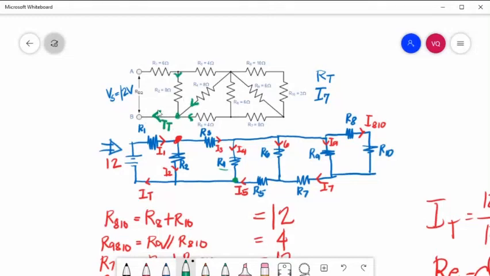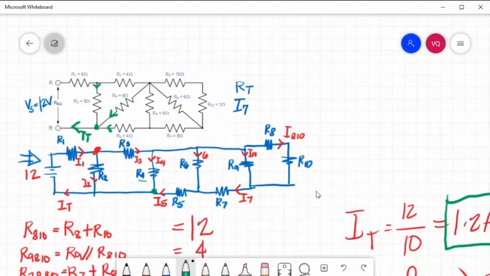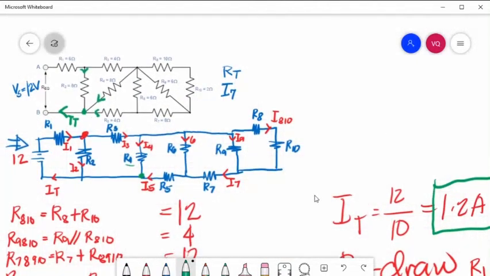Current entering is equal to current leaving. So KCL: entering the node is I2, I4, and I5.